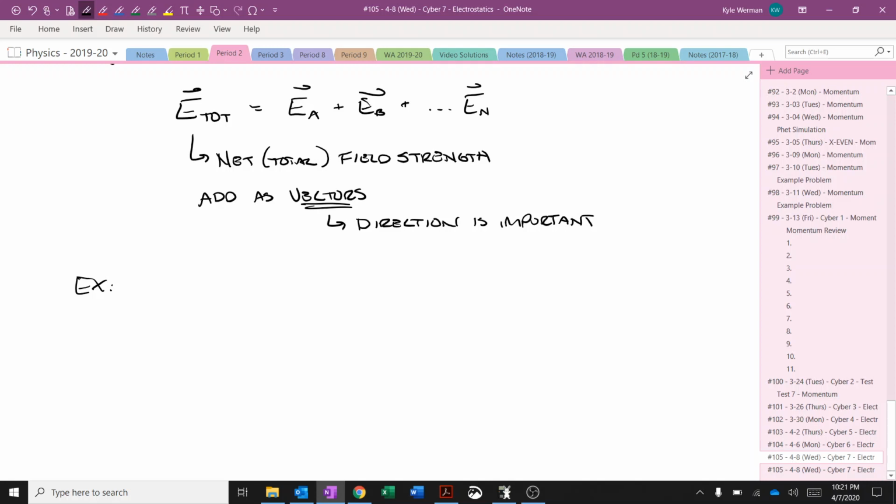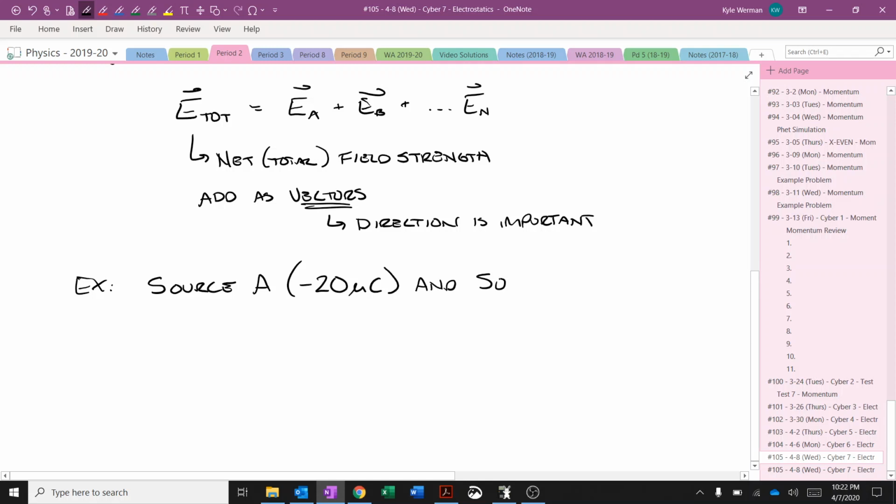We'll call one source A, and that balloon is now carrying a charge of negative 20 microcoulombs. The second balloon, source B, is charged with electrons as well, and it picked up even more. It has a charge of negative 60 microcoulombs.